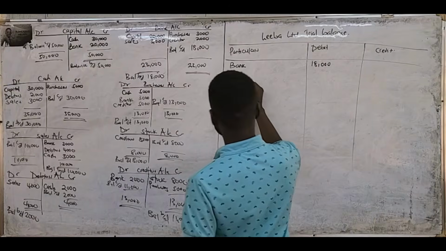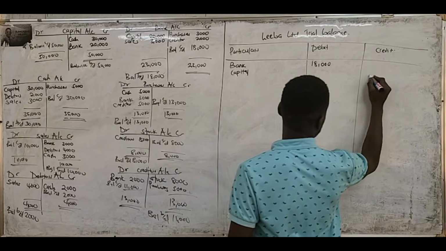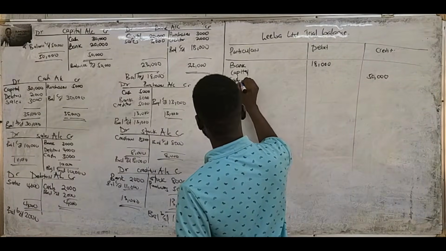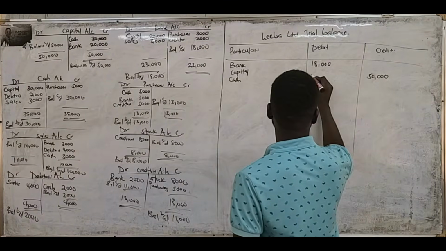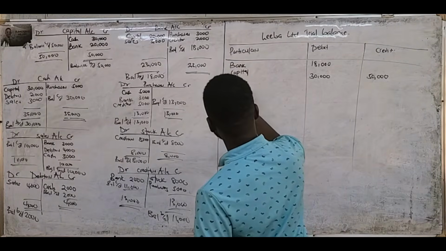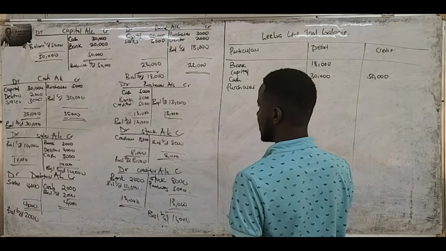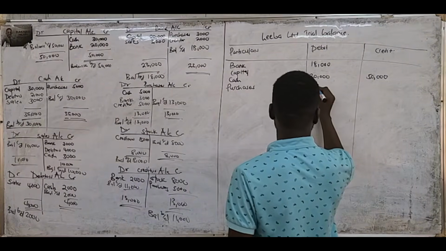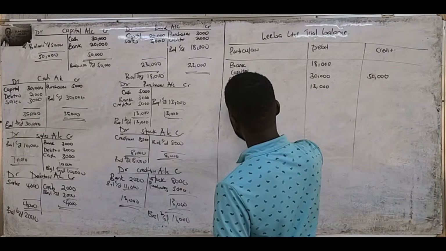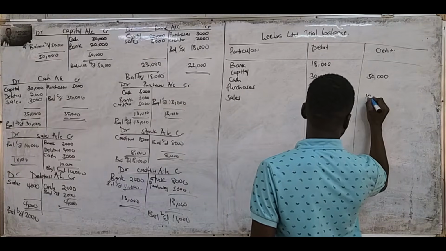All right, so our cash at bank is 18,000 on the debit. Then we have our capital. Our capital is 50,000 on the credit. Then we have our cash, and our cash is 30,000. Okay. Then we have our purchases here coming in, and our purchases, the balance brought down was 13,000. Then we have our sales, and our sales, the balance brought down was 10,000 and was on the credit.